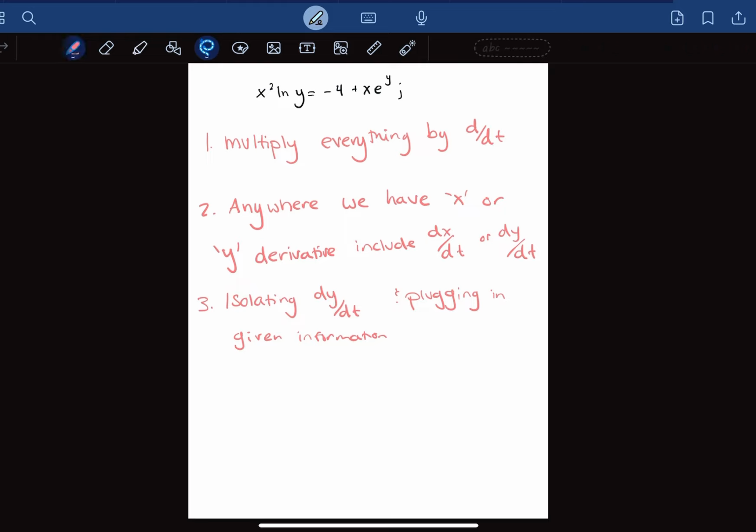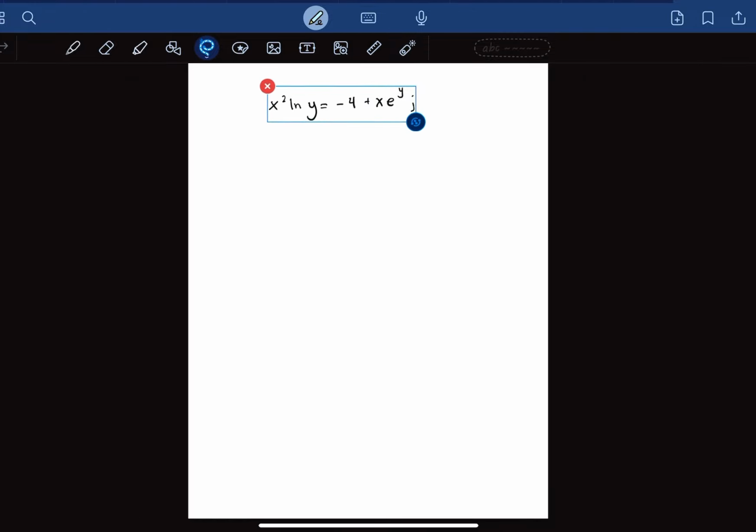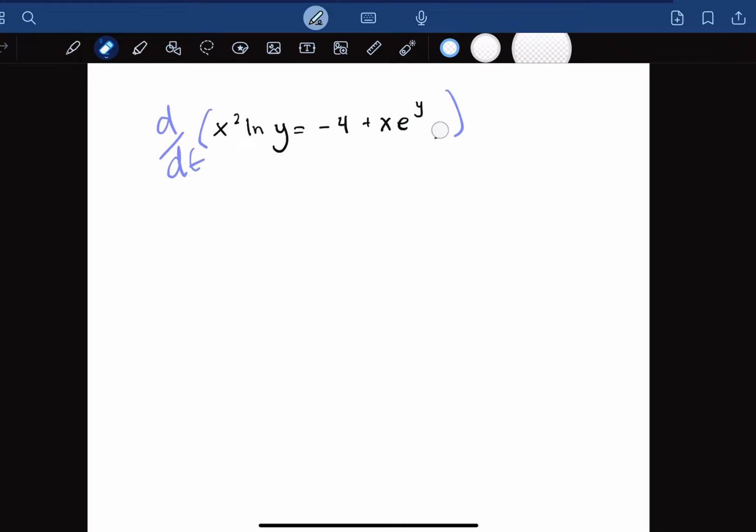Now I'm going to go through my first step, which is multiplying everything in the equation by d over dt. I'm going to get rid of the semicolon here because that's not a part of the equation.